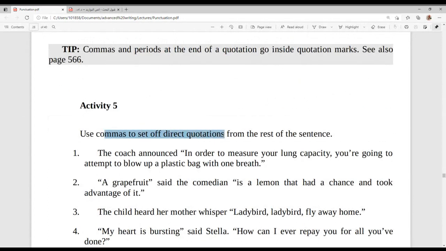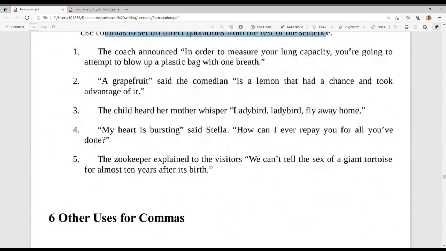Use commas to set off direct quotations from the rest of the sentence. The coach announced, the comma must be where? Where shall we put the comma? Yeah, after announced.